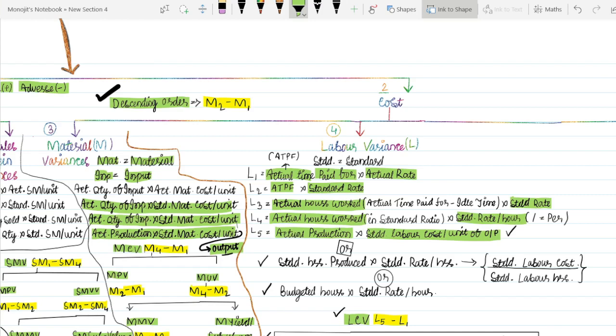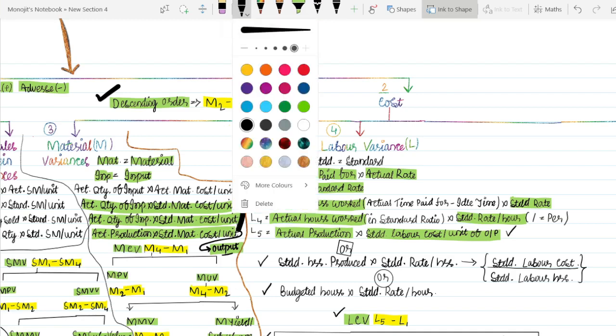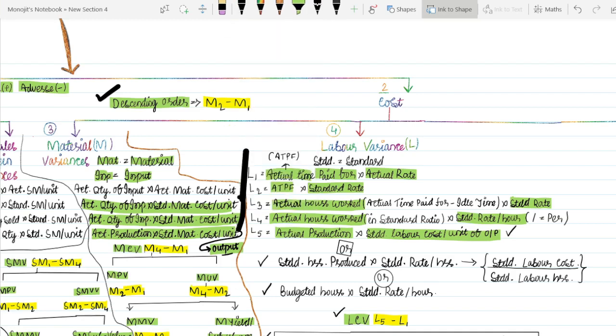In all the previous cases, M2 and M3, you have to multiply with the standard material cost per unit of input. These two points are input.